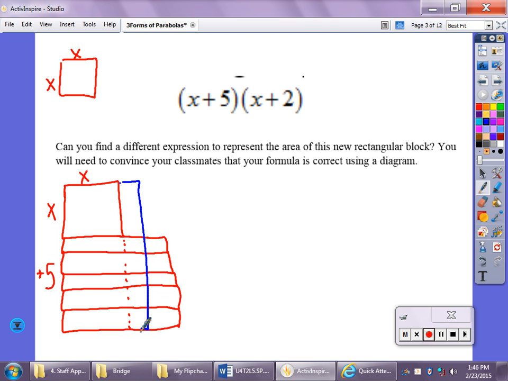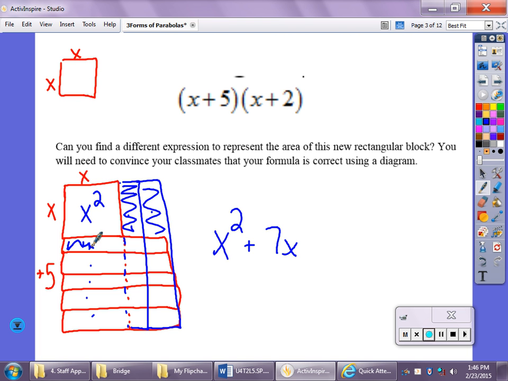So 1 and 2. Okay? So when I look at these, each one of these is 1x. So I have 1x, 2x, 3x, 4x, 5x, 6x, 7x. And this was x squared.